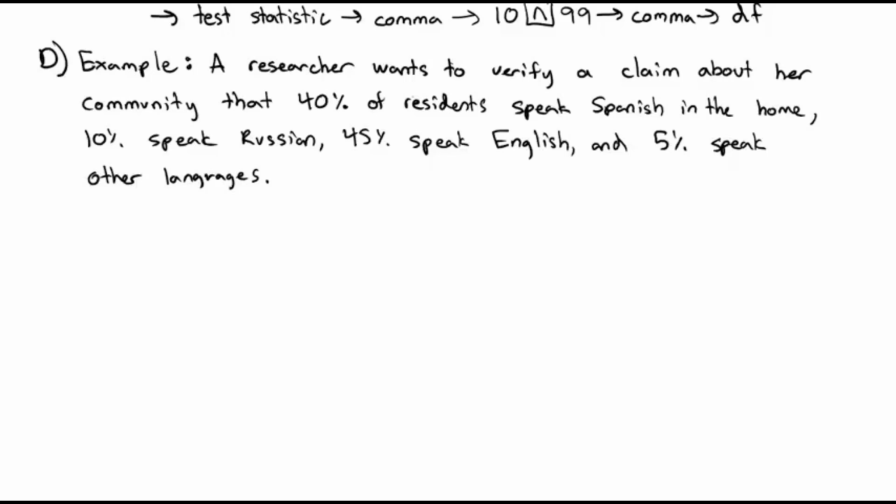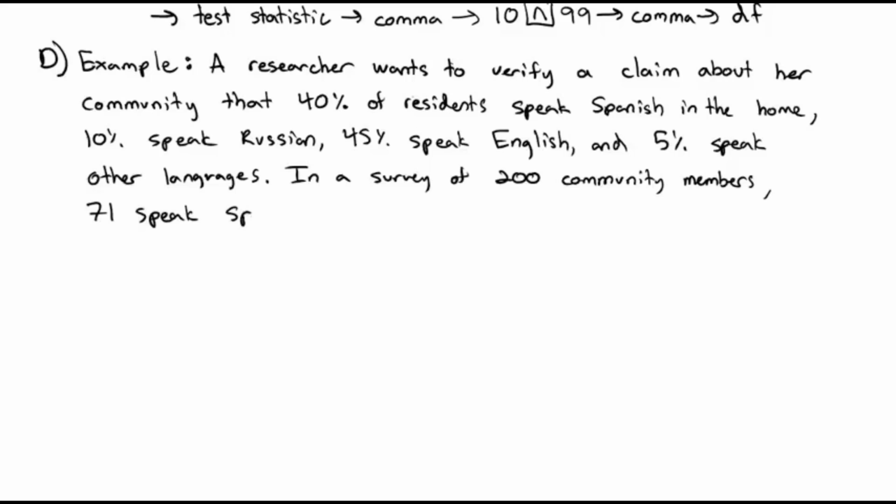So the researcher does a survey. In a survey of 200 community members, 71 speak Spanish. 23 speak Russian. 102 speak English.